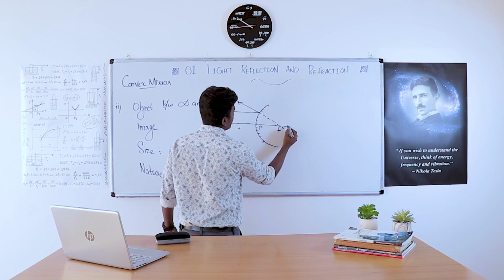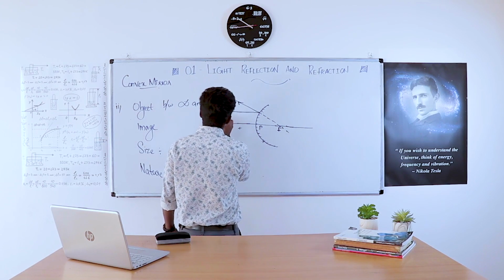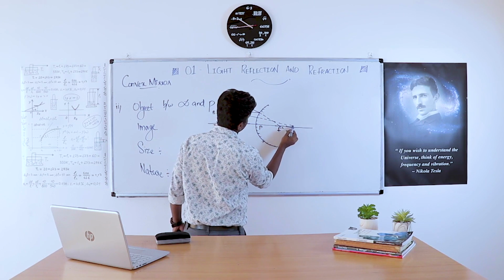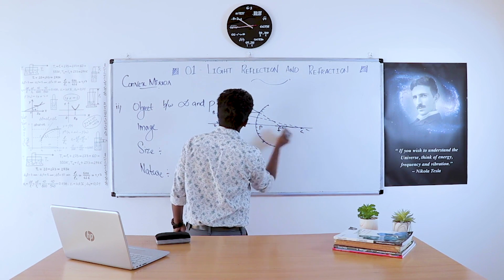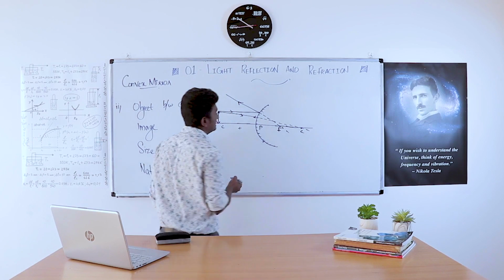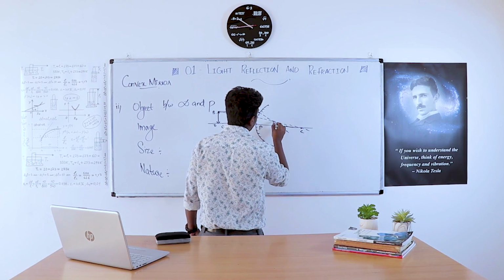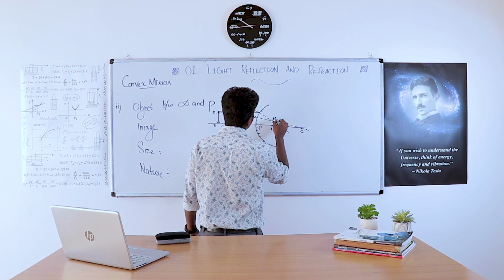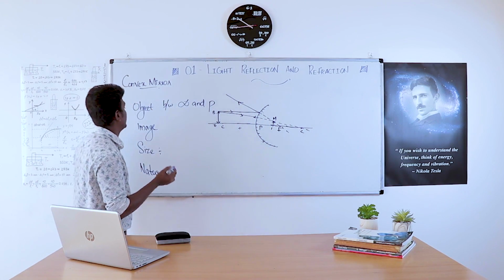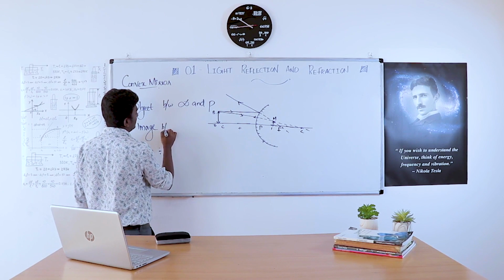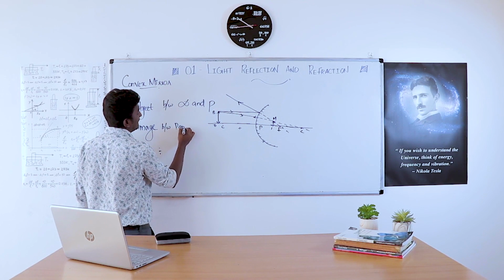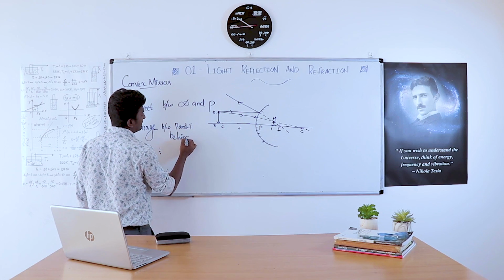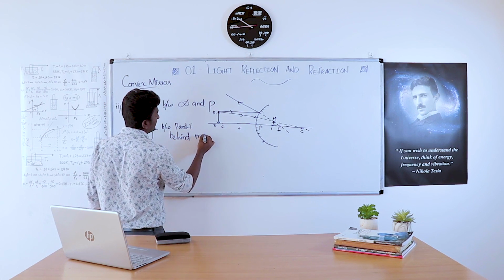The ray of light passing through center of curvature retraces the same path. Look, these two meet between pole and focus behind the mirror. So we can say that the image is between P and F, behind the mirror.